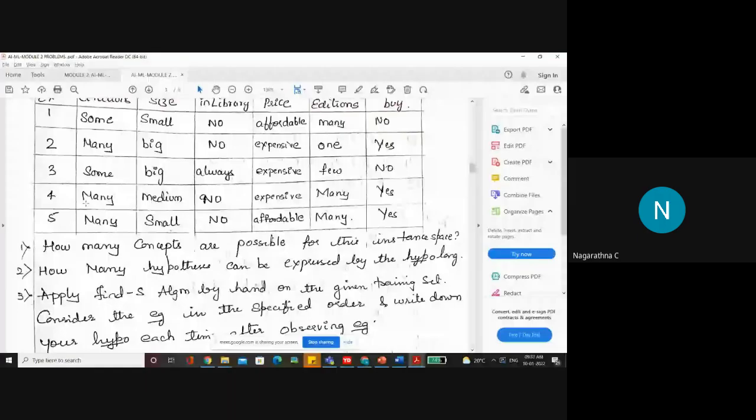For each attribute we add two values to its count, and if you do that, 1006 hypotheses are possible for a given data set. But here there is no null value, so we eliminate one. Instead of adding two, we add only one.